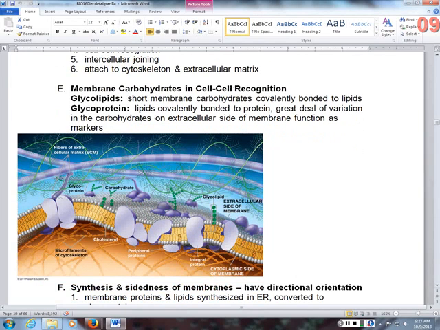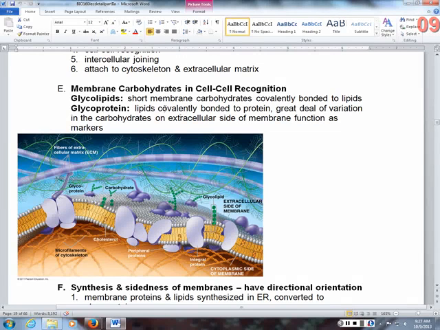So our membrane carbohydrates are going to be sugars involved in cell-to-cell recognition. Glycolipid: the name tells you glyco for a carbohydrate, lipid for the fat. It's going to be a short membrane carbohydrate that is covalently bonded to a lipid. Glycoprotein is going to be a carbohydrate covalently bonded to a protein.